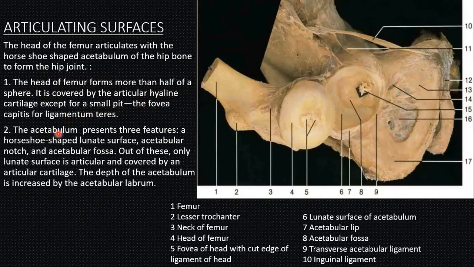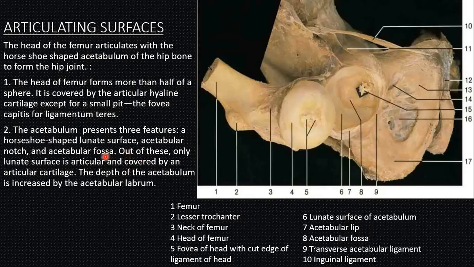Now the acetabulum presents three surfaces: a horseshoe-shaped lunate surface, an acetabular notch, and an acetabular fossa. Out of this, only the lunate surface is the articular part, and it is covered by articular cartilage.